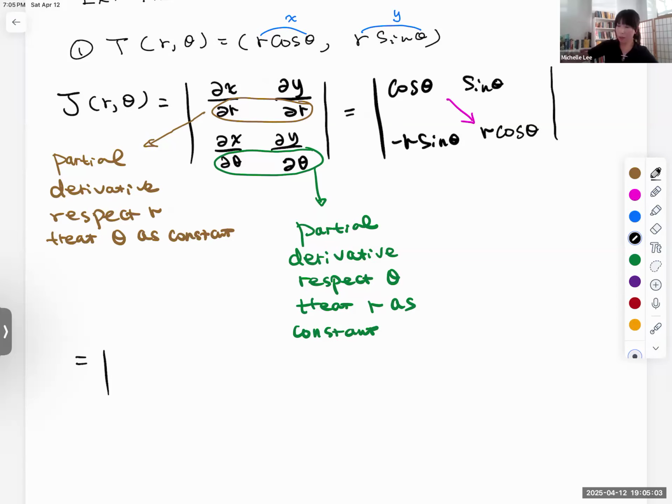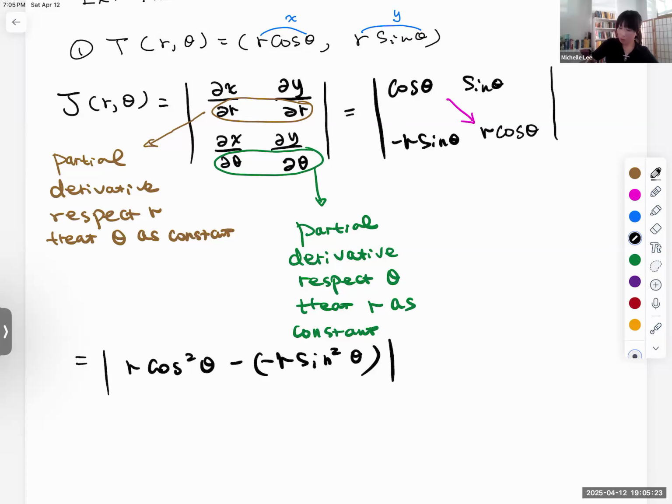So that is r cosine square theta, plus, and negative, negative, multiplying this way, r sine square theta, right?